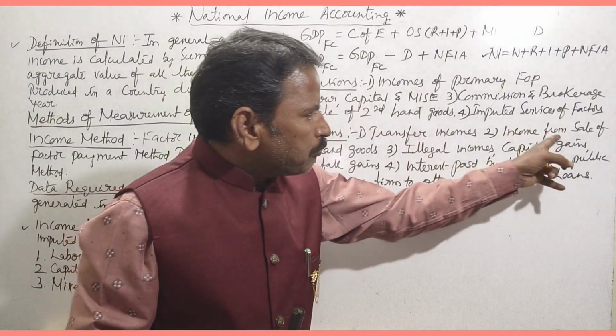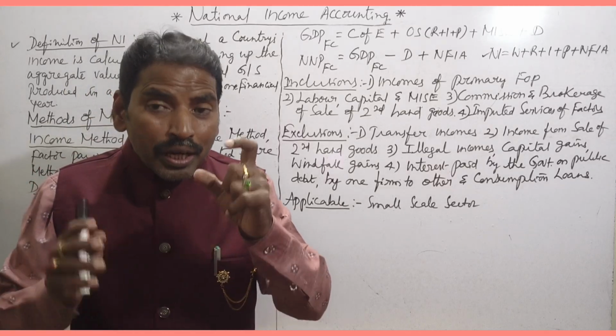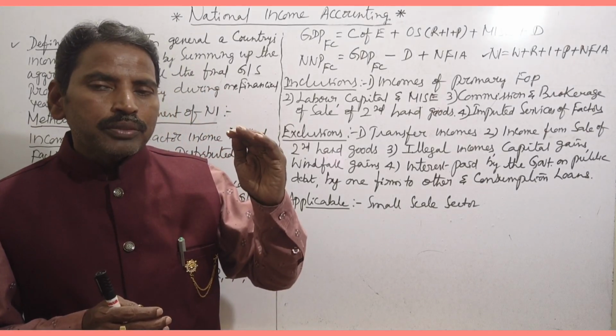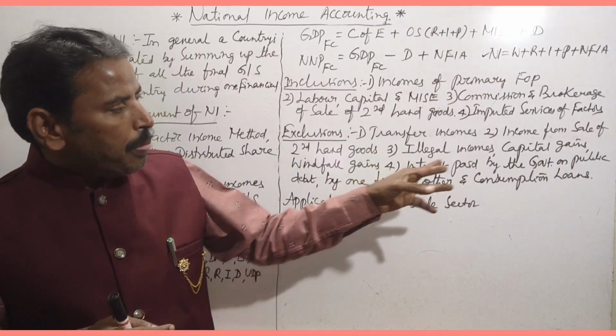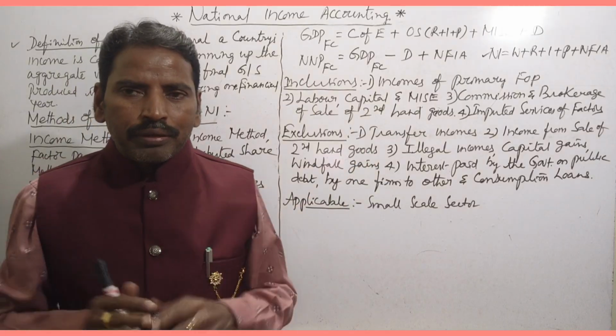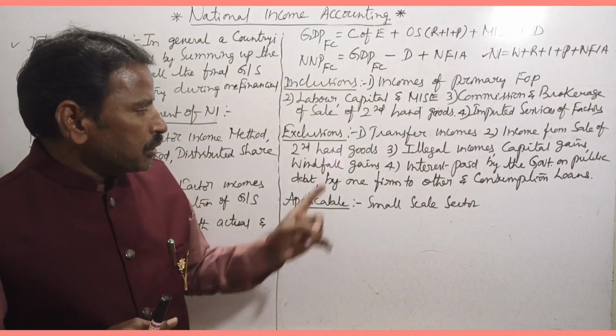Second is income from the sale of second-hand goods. We already take the income from the sale of first-hand goods, so income from the sale of second-hand goods is not considered for the calculation of national income.